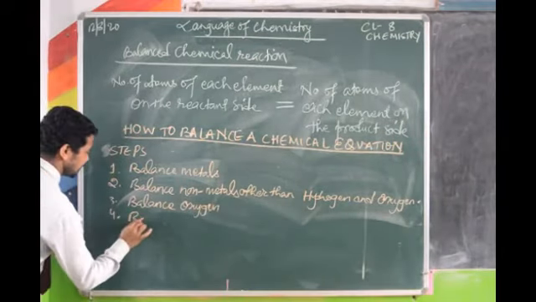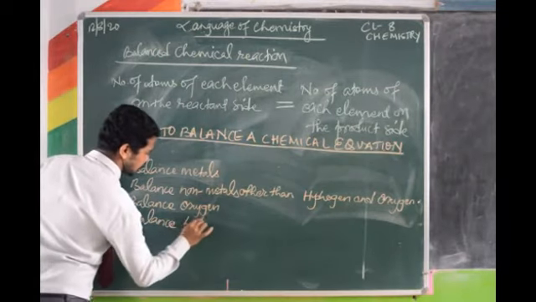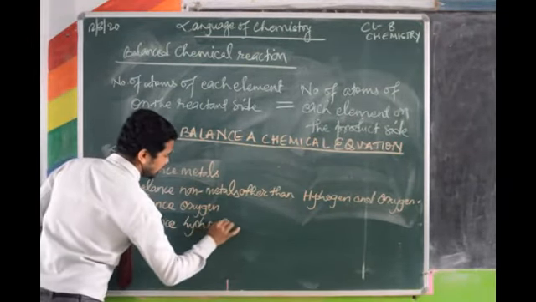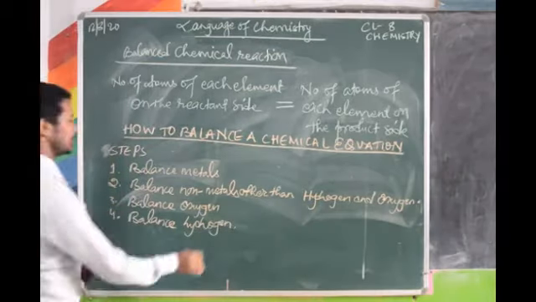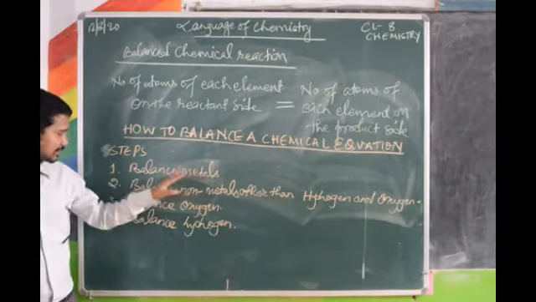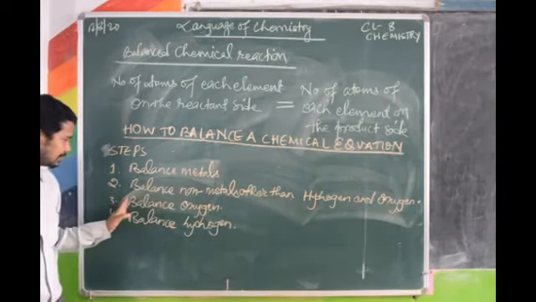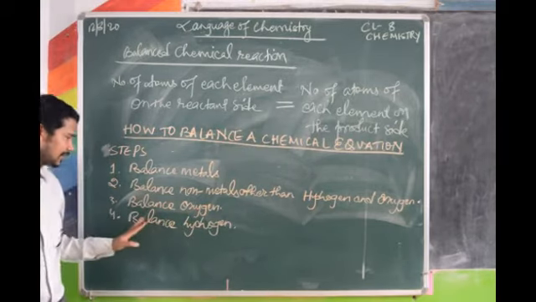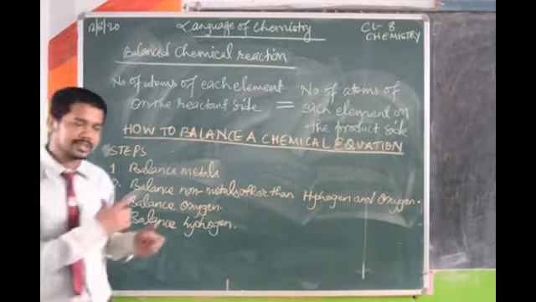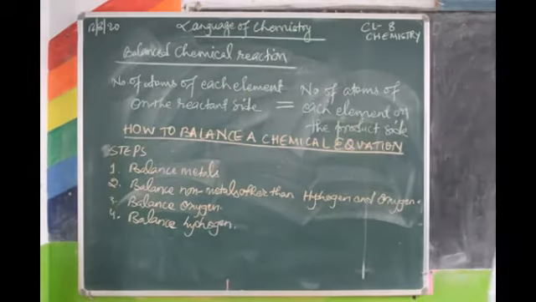Number 4 you can balance hydrogen. So first balance metals, then non-metals other than hydrogen and oxygen, then oxygen, then hydrogen. This is the step we will be following for balancing a chemical equation.